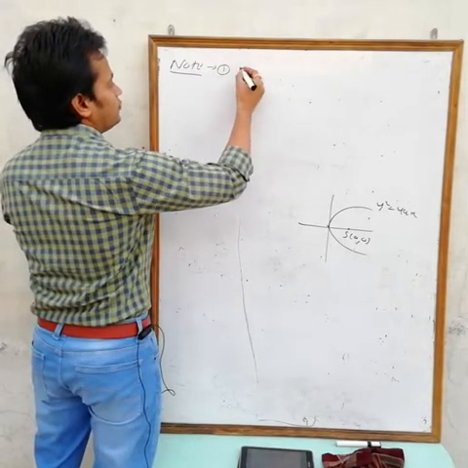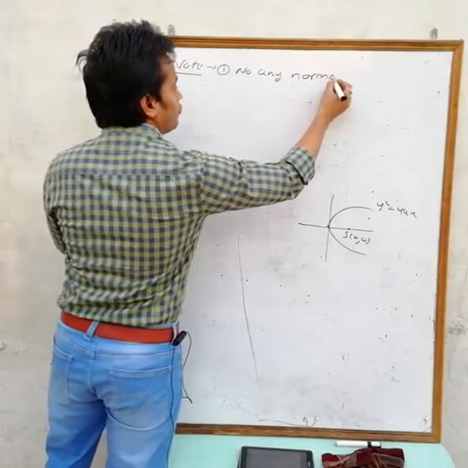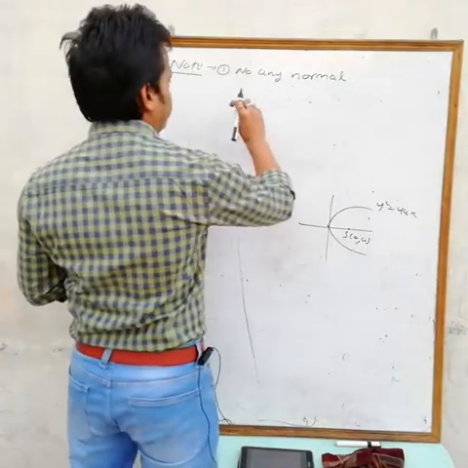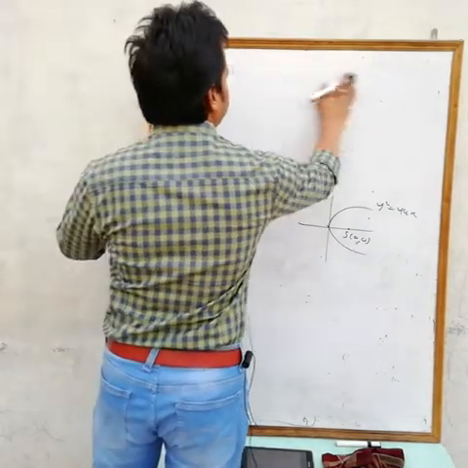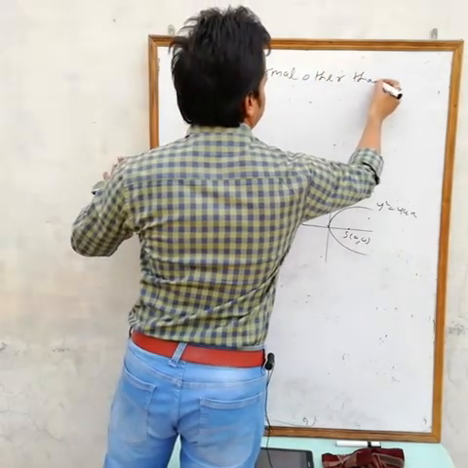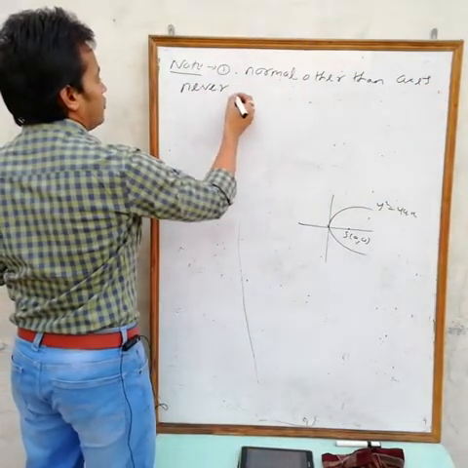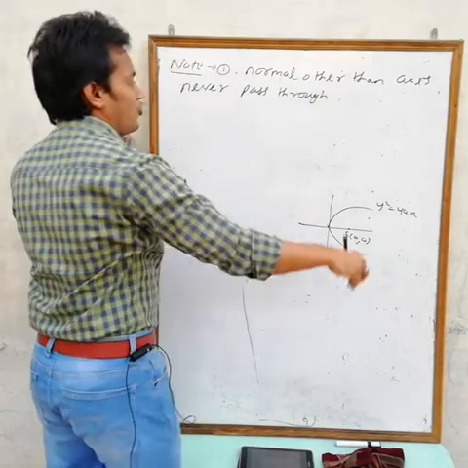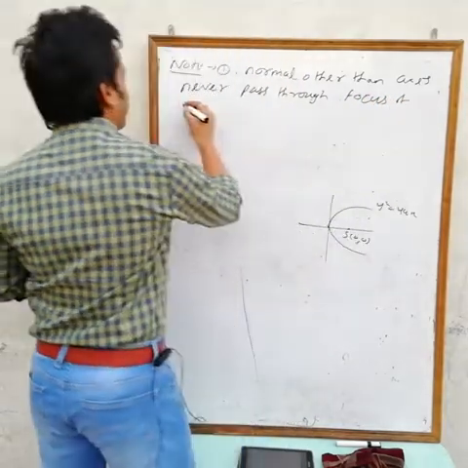This is the first point. No normal other than the axis will ever pass through the focus of the parabola.